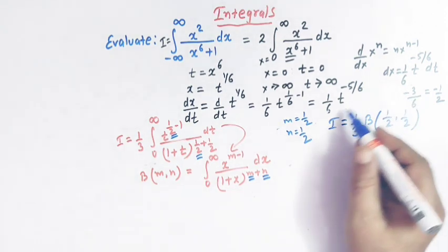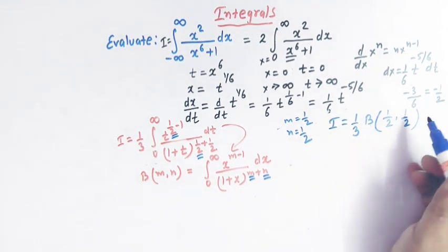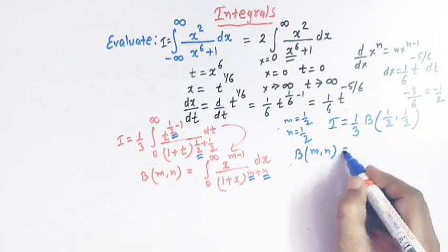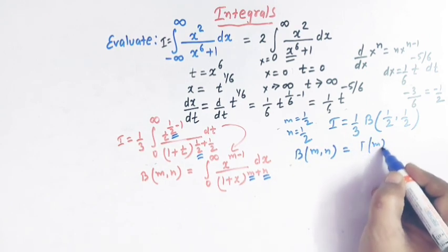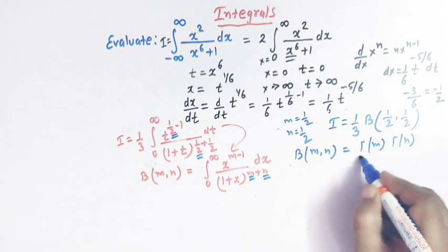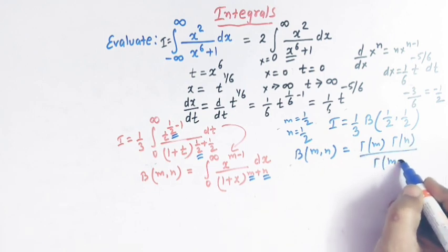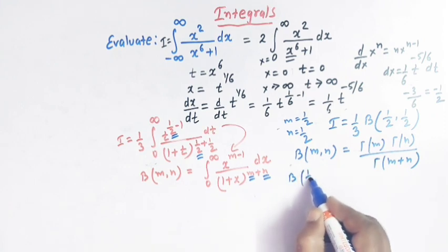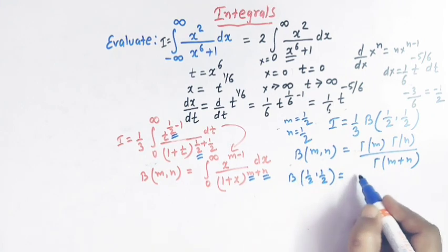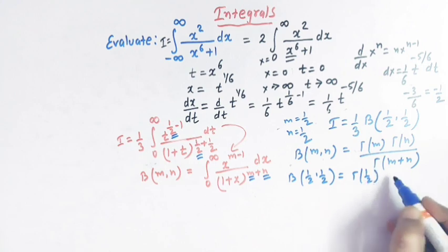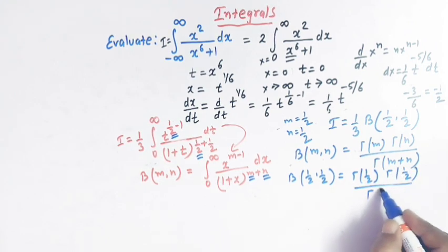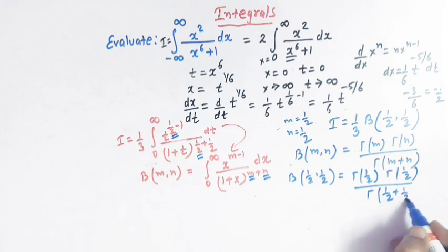Now we know a relation between beta function and gamma function. Beta(m, n) is given by gamma of m, gamma of n divided by gamma of m plus n. So beta(1/2, 1/2) is equal to gamma of half, gamma of half divided by gamma of half plus half.